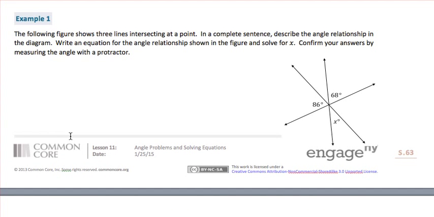Example 1 is showing a figure that has 3 lines intersecting at one point. In a complete sentence, the angle relationship then is circular, which is 360 degrees.